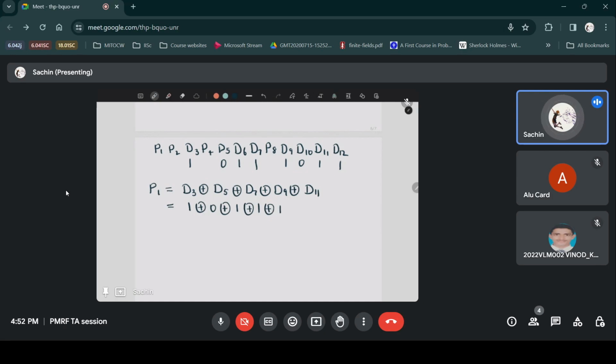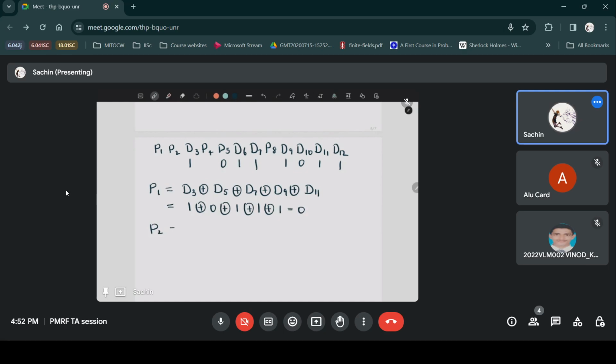When doing XOR operations of multiple bits, if there are an even number of ones, the output is 0. If there are an odd number of ones, the output is 1. Here there are 4 ones, which is an even number, so P1 is 0.